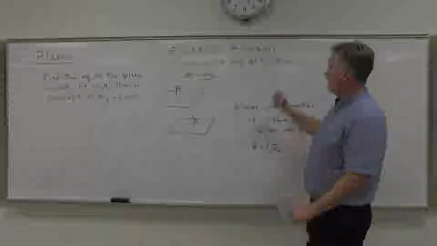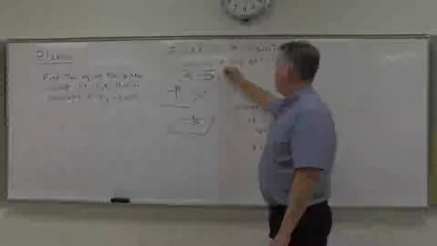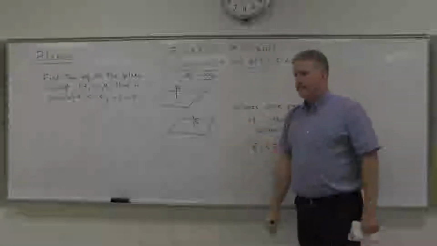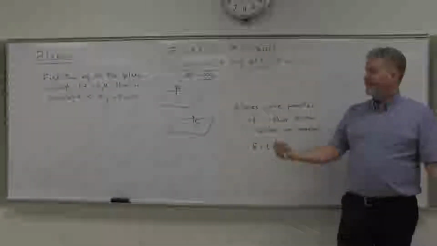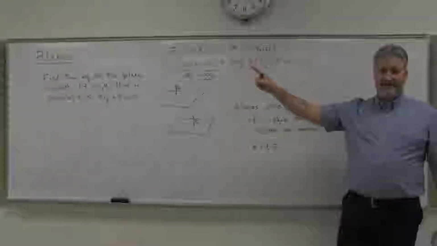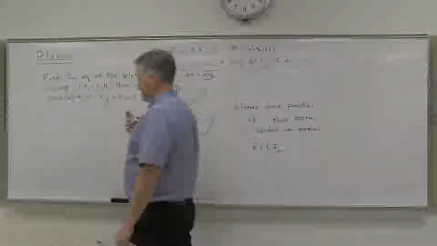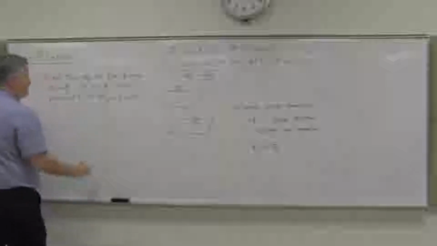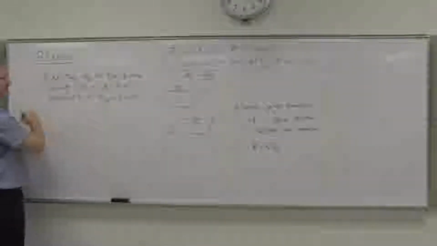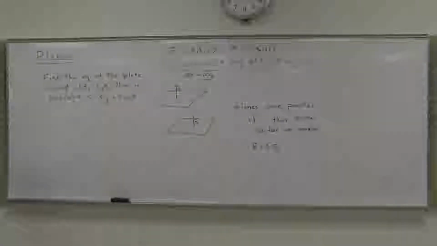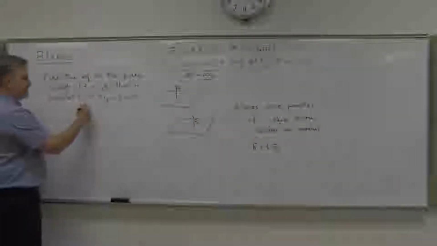So, again, for the equation of a plane, we need a point and its normal vector. Well, we just happen to have a point. So there's our point. And then we know that it's parallel to this other plane, which, what's the normal vector of that?